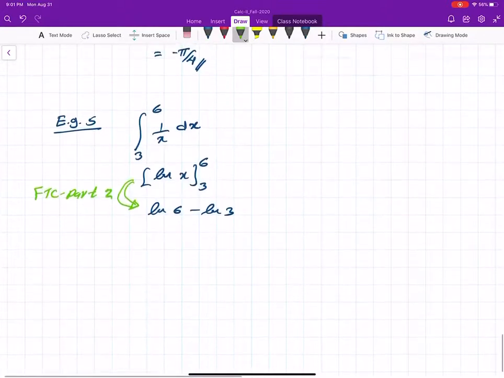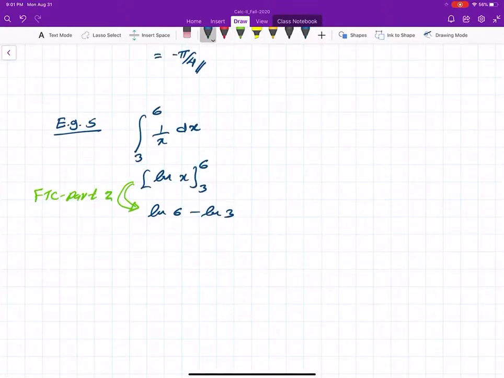All right. Now you're going to simplify this. You have to memorize the laws that you learned in logarithms in calc 1. Here you have a subtraction between two ln functions. You can write that as a division.